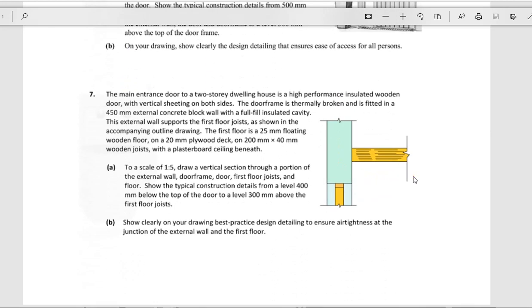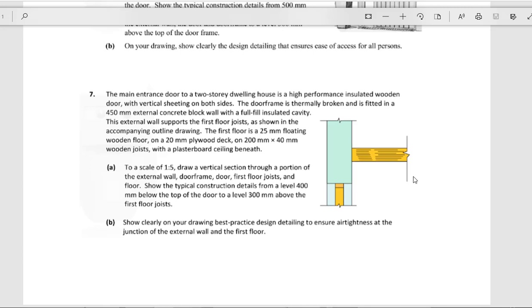Now question 7 here, again taken from a higher level paper, but this here is an optional question then. So what we have in this section here is the main entrance to a house, to a 2-story dwelling house, high performance insulated wooden door with a vertical sheeting both sides. The door frame is thermally broken and is fitted with 400mm external cavity block wall with fully insulated cavity.